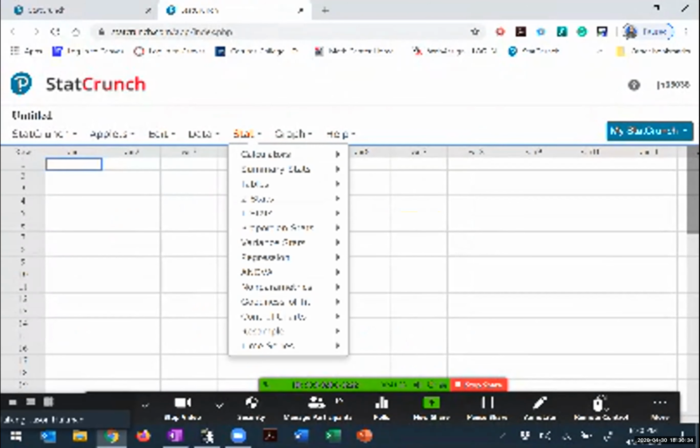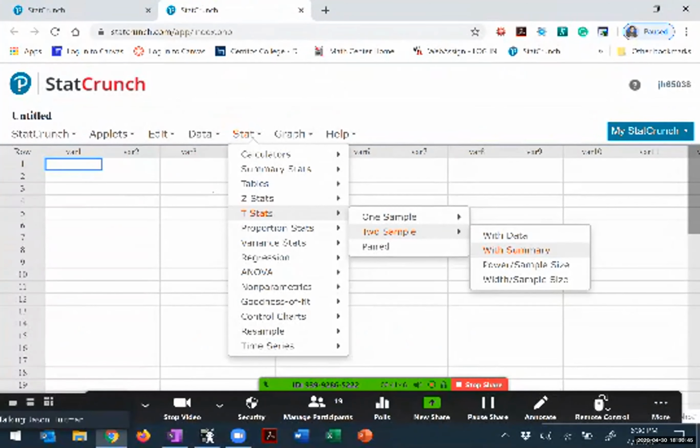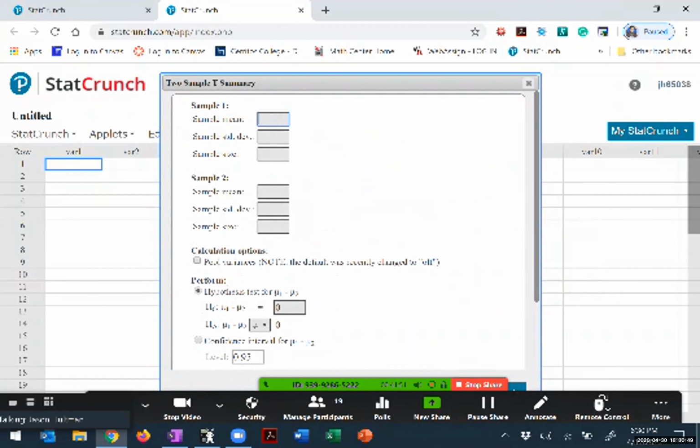So we're going to go to Stat, T Stats, 2 sample, with summary. It asks what your sample mean is.